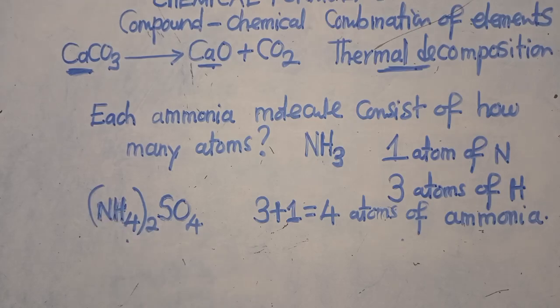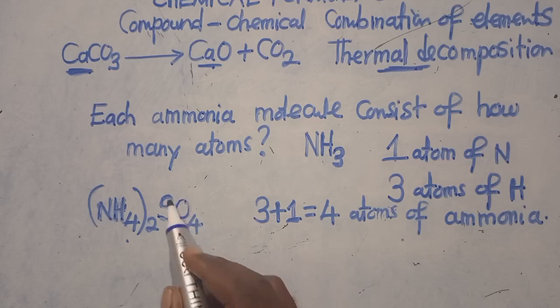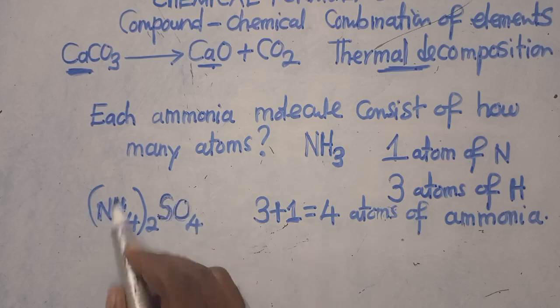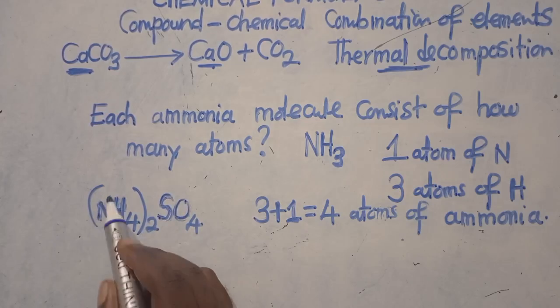An element is a substance made up of one type of material which cannot be split either by chemical or physical means. That is what we call an element. So this is oxygen, this is sulfur, this is hydrogen, this is nitrogen.